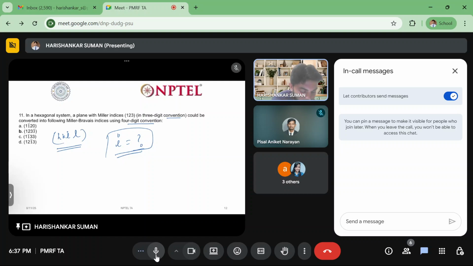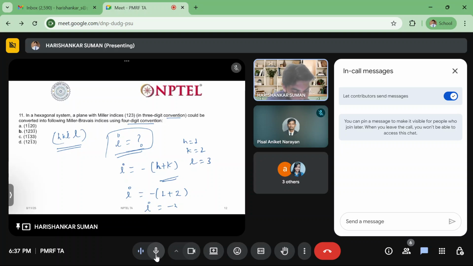As we discussed, I equals minus (H plus K). You have H equal to 1, K equal to 2, L equal to 3. H 1 plus K 2 would be minus 3.